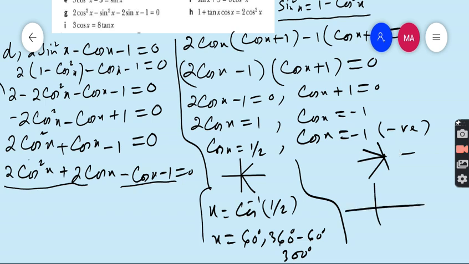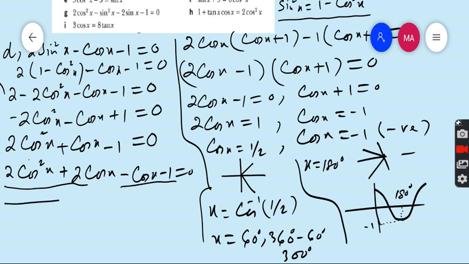If you plot the graph of cos from 0 to 360 degrees, you will have minus 1 at only one angle, that is 180 degrees. So x is equal to 180 degrees. You can confirm with the help of your calculator. Find cos inverse minus 1. You will definitely have 180 degrees.